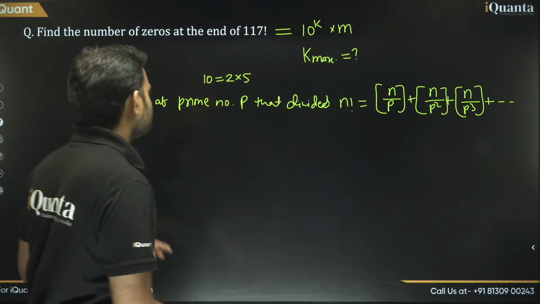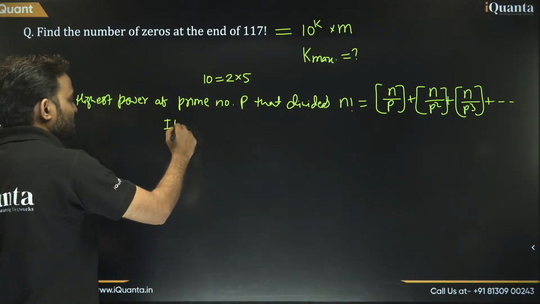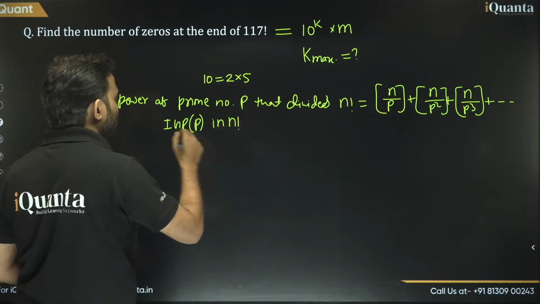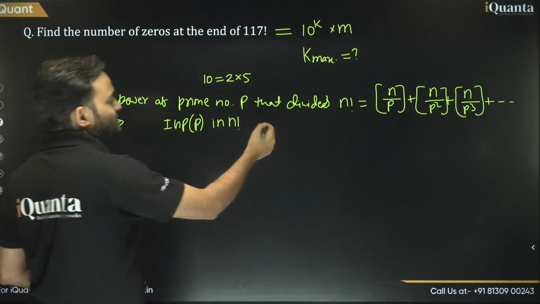This is also known as IGPA, the index of greatest power of p in n factorial. Both of these are the same thing.